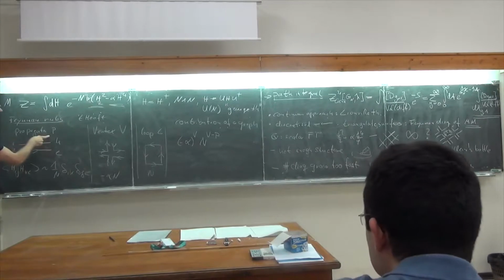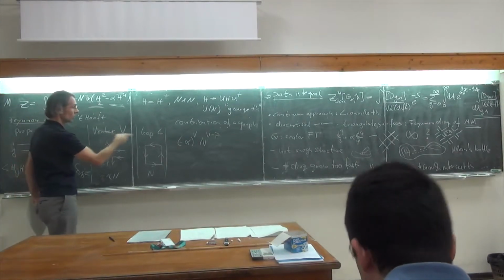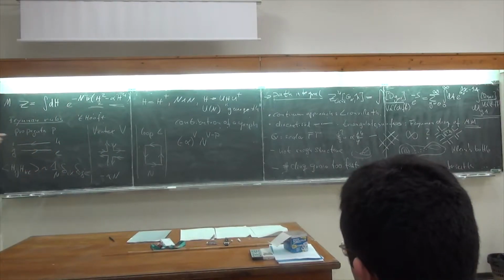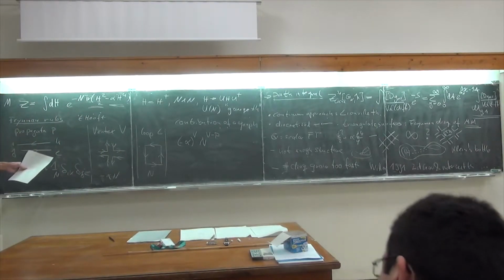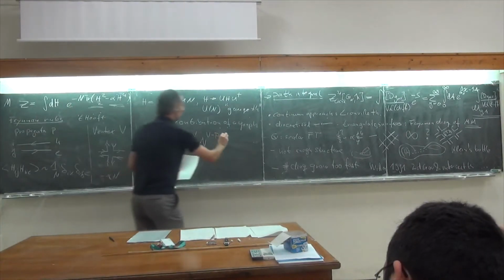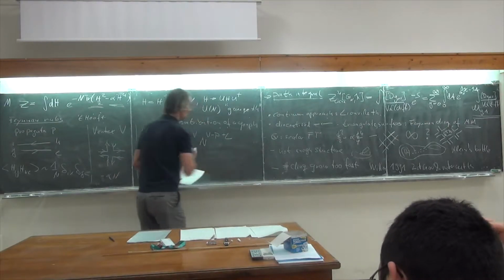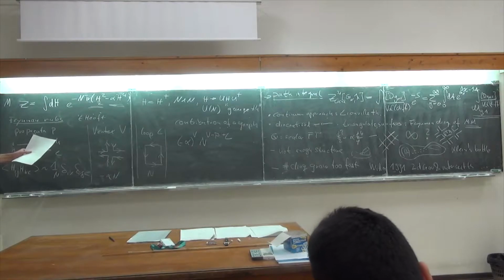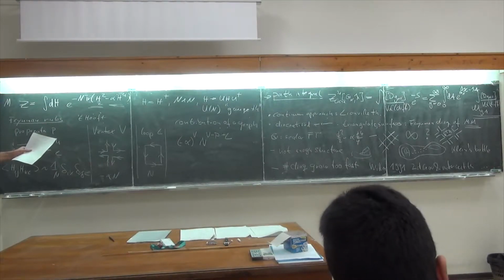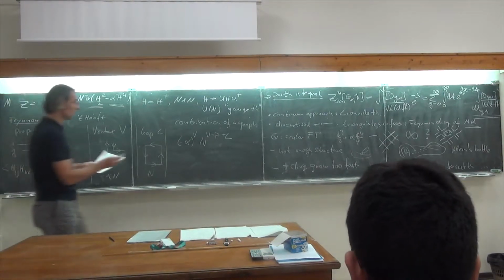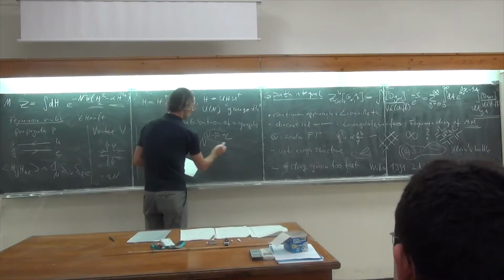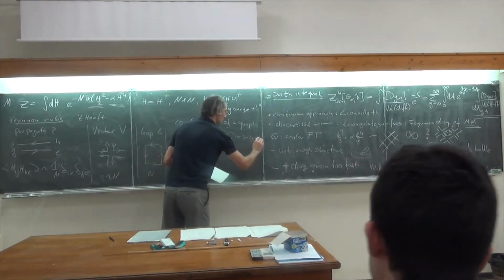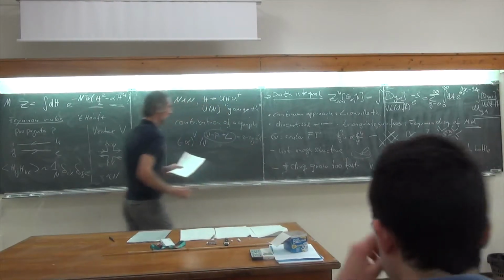So P is the number of propagators, V is the number of vertices, and L is the number of loops. I hope this is clear from the notation. And then for loops, I get again a factor of N, so if I have L loops, I get N to the L. Now, already Euler knew about graphs that this combination is just the Euler characteristic. So this is 2 minus 2g, which is chi.